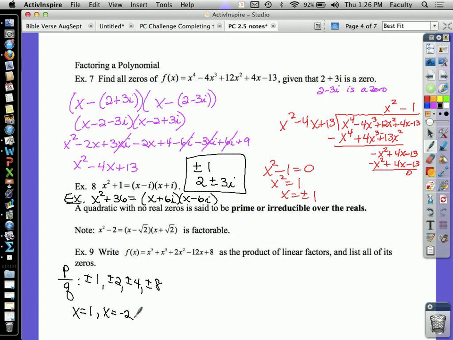I think scrolling up and down the table is faster on this one, but you don't have to. You can do ask. But then you're putting 8 numbers in there. All right, I got 1 and -2.